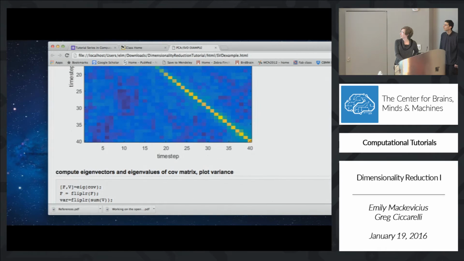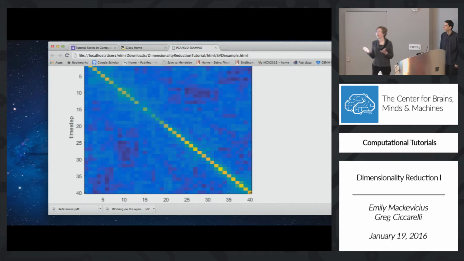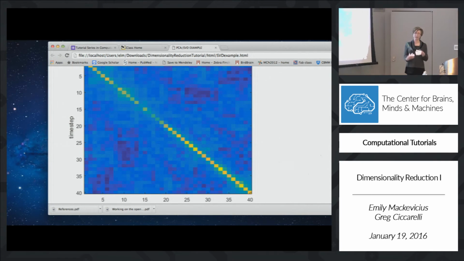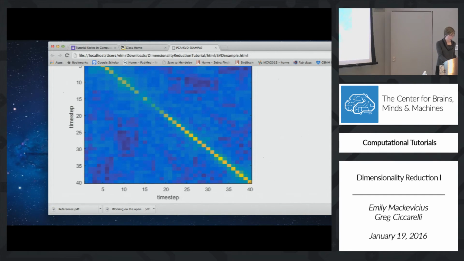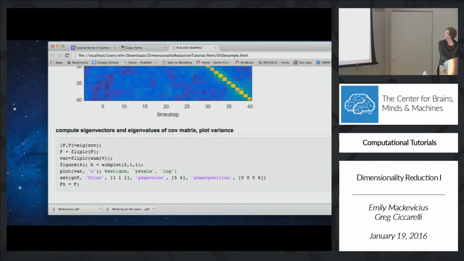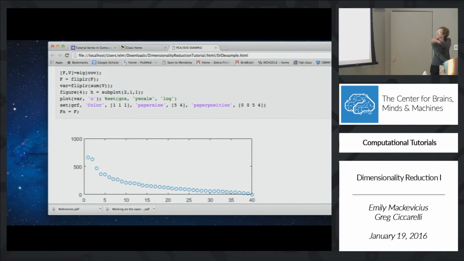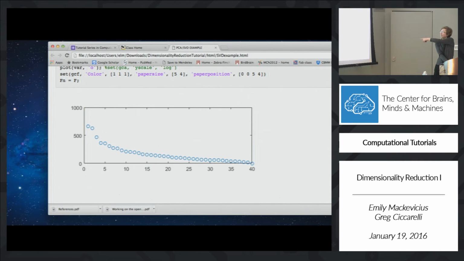When you're taking the eigenvectors, you want to know how much variance was in each direction. The eigenvalue of the first eigenvector of the covariance matrix will tell you how much variance in your data was along that direction, or the next direction, or the next direction. That's what I'm plotting here. I'm taking eig of the covariance matrix and plotting the eigenvalues.